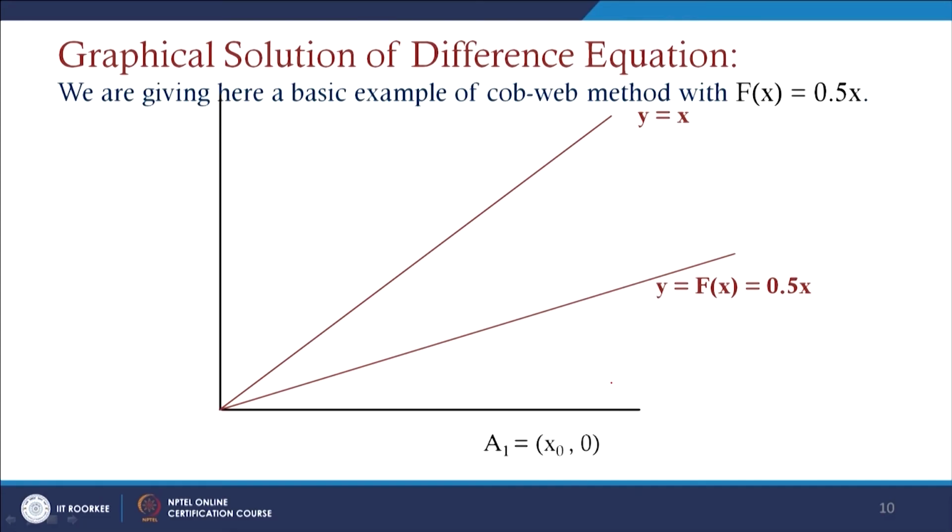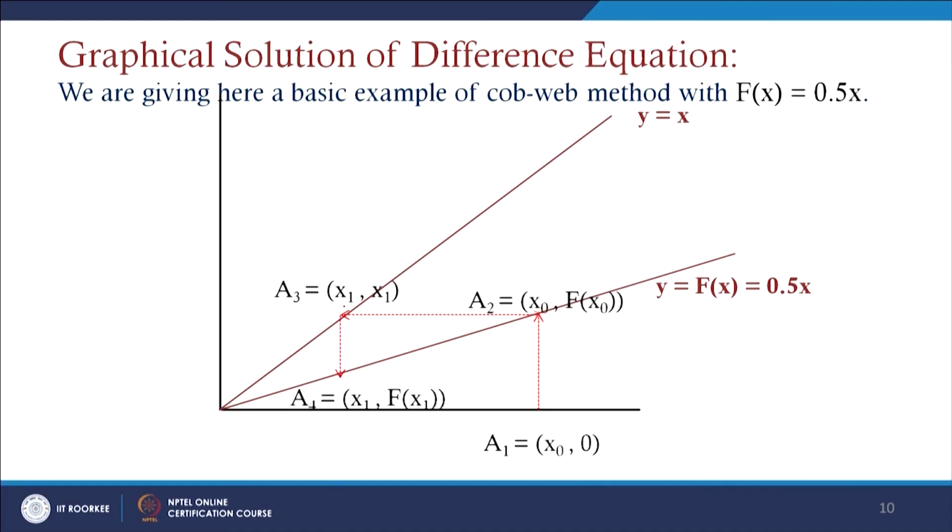Then we consider any arbitrary point, suppose x0 is any arbitrary point on the axis. We mark this point on the graph of y equals f of x, and next we plot the perpendicular line, carrying the functional value along the y equals x line, and this line will be represented in this form.